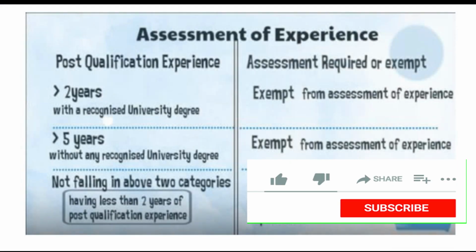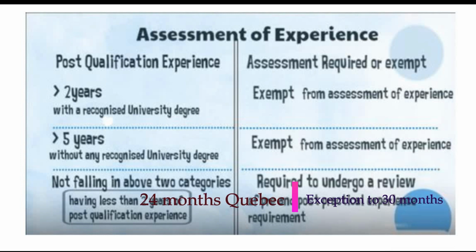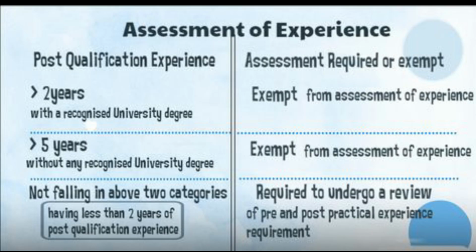In order to get the CPA designation, CPA Canada requires 30 months of practical training. For international accountants, this training can be exempted if the following criteria are satisfied. So if you have post-qualification 2 years of experience along with a recognized university degree, you're exempt.